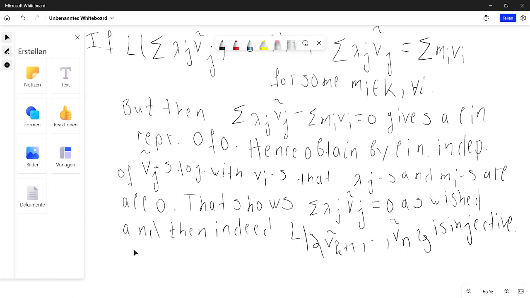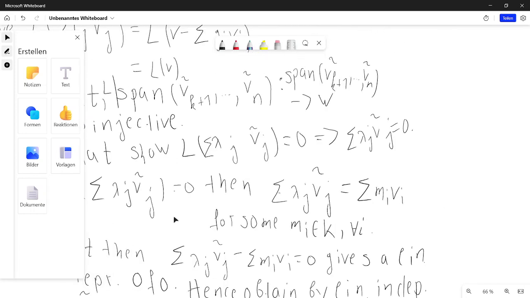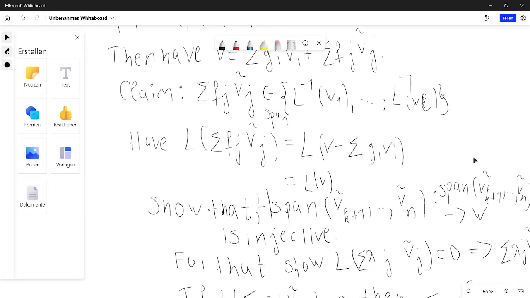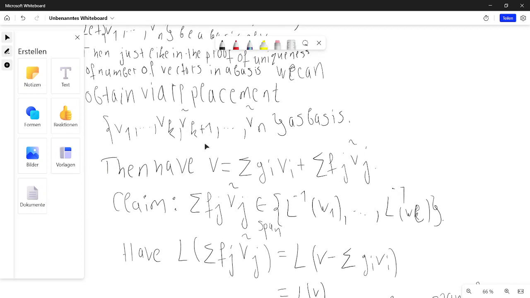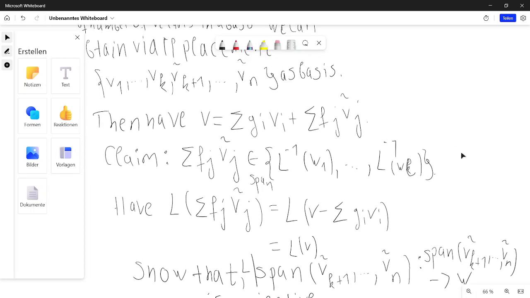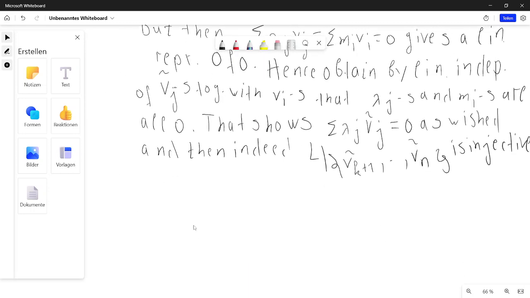But if it is injective, having injectivity, we know that the images of these vectors are linearly independent. The images of these vectors w_{k+1} to w_n are linearly independent.